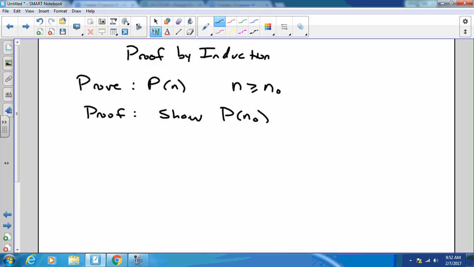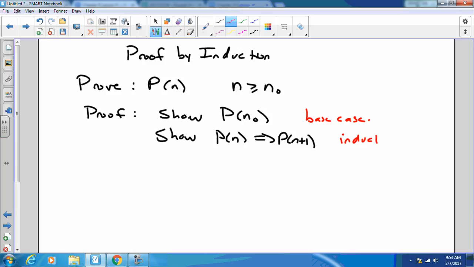These proofs usually have a lower bound right here. In fact, they must have a lower bound in order to be successful. And so first we show that P(n0) is true, and we call this the base case. And then we show that if P(n) is true, then that implies that P(n+1) must be true also. And this is called the induction step.